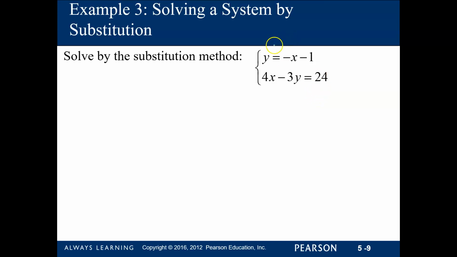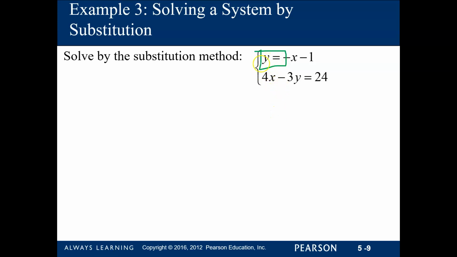So here, it's easy to find out which variable to substitute because you already have this particular part here. It says here that y, the variable y, is equal to, okay?